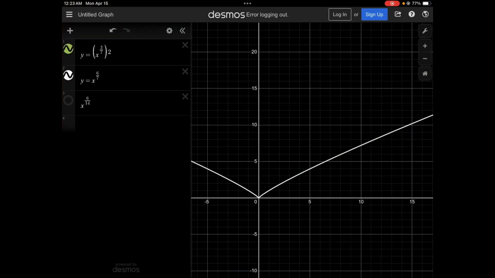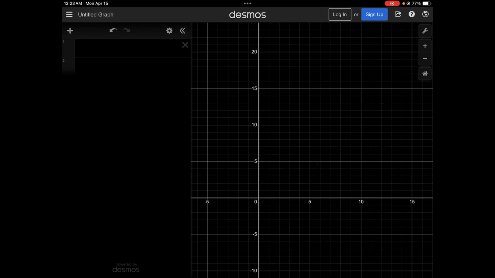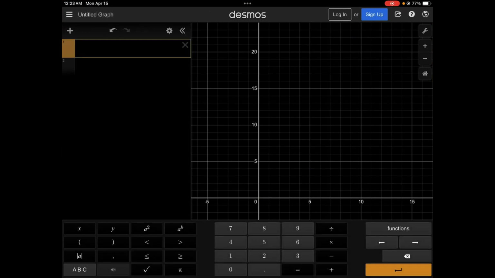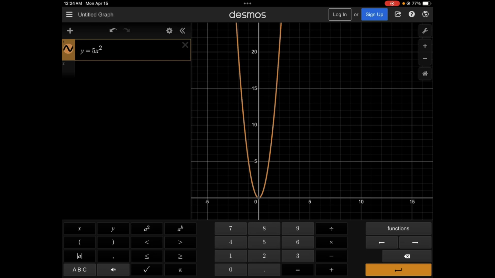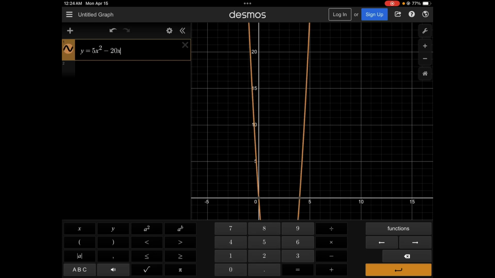Let's look at the graph, and we have y equals 5x squared minus 20x plus 12.